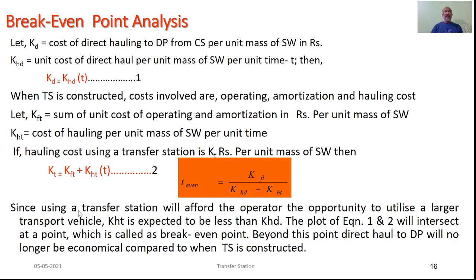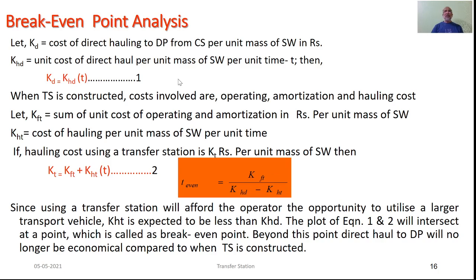As discussed for the earlier problem, since using a transfer station will afford the operator the opportunity to utilize a larger transport vehicle, this KHT is expected to be less than KHD.